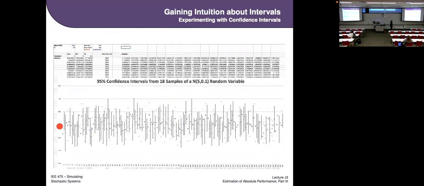This line over here, that's where it says 5. Each one of these vertical bars is a confidence interval calculated from these experiments. What we see here is that most of these confidence intervals include 5, but not all of them. The center of each bar represents the actual mean estimate, the point estimate.